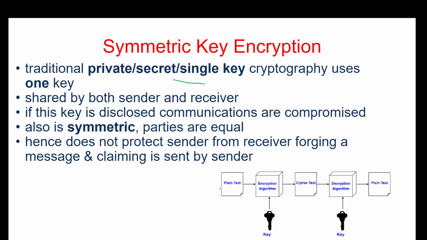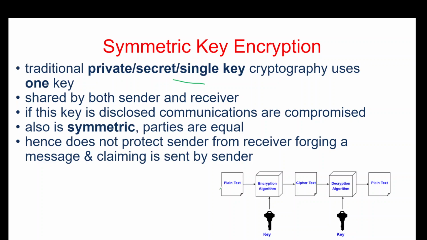When this key is compromised or disclosed to some third person, or if a hacker is able to get that key, then the entire system collapses and the security is breached. And it is called symmetric because the parties are equal. What they use to lock, they use the same for unlocking. Here, lock and unlock means encrypting and decrypting.